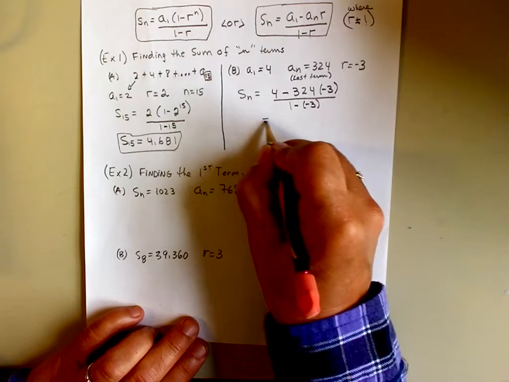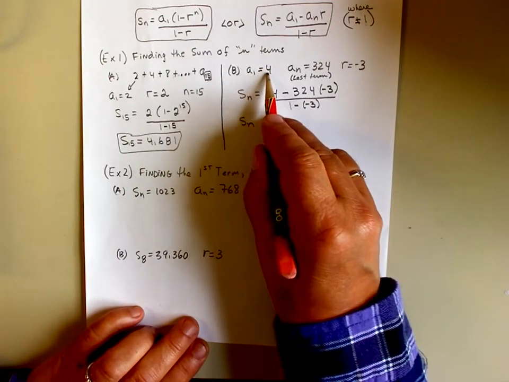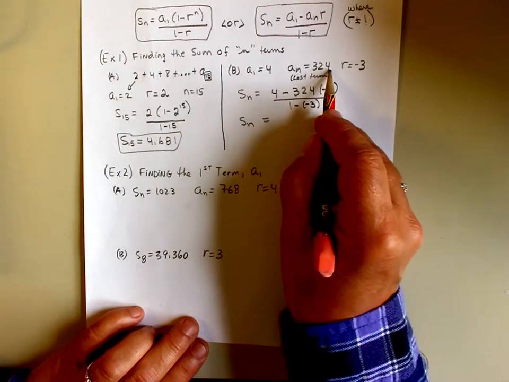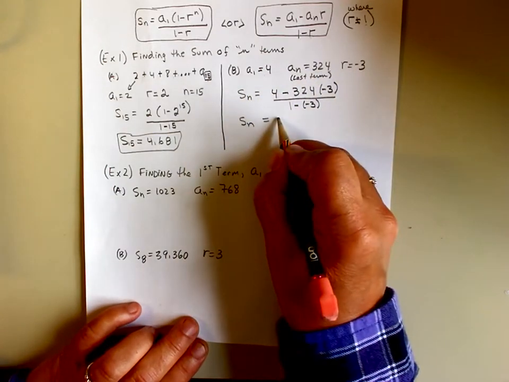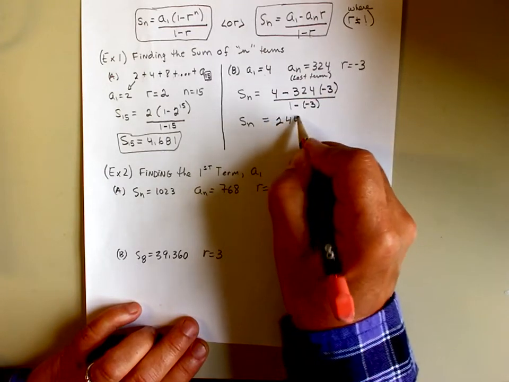Order of operations, the sum of those terms from 4 to 324 being the last term, that sum with the pattern of r equals negative 3 would be 244.